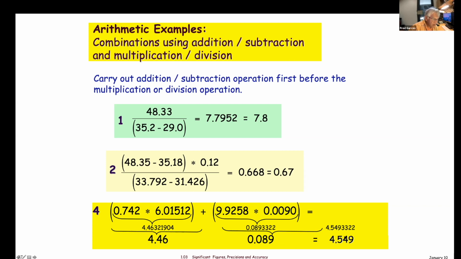Sorry, that's 4.46 and 0.089 is 4.549. You're going to round it off to the 100th of a place. So your correct answer would be 4.55. That would be your final answer, 4.55. And the reason why the 4 changes to a 5 is because the next digit over is a 9. So these, again, illustrate the power of significant figures and doing the math for that.